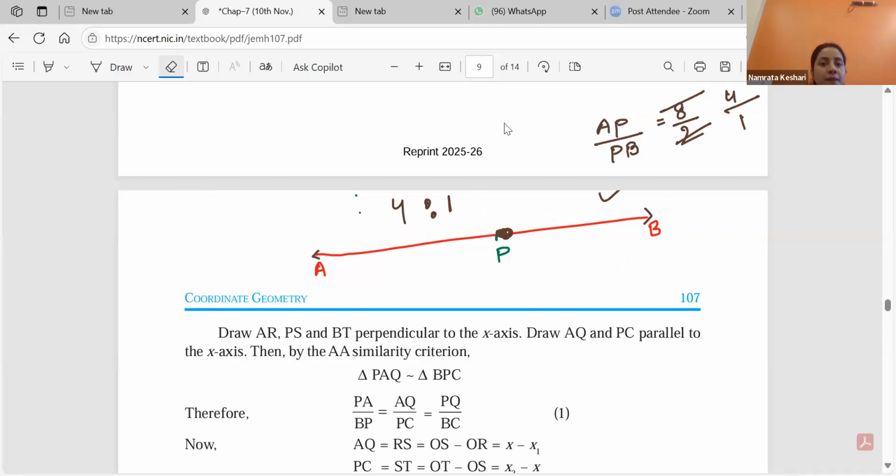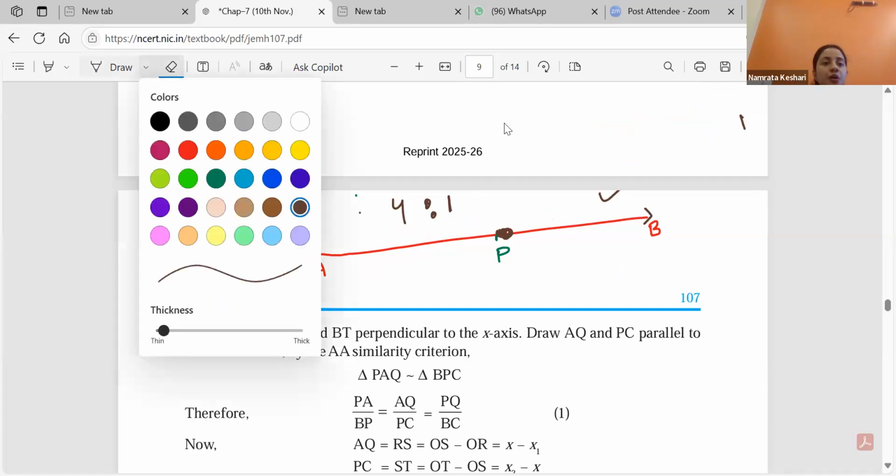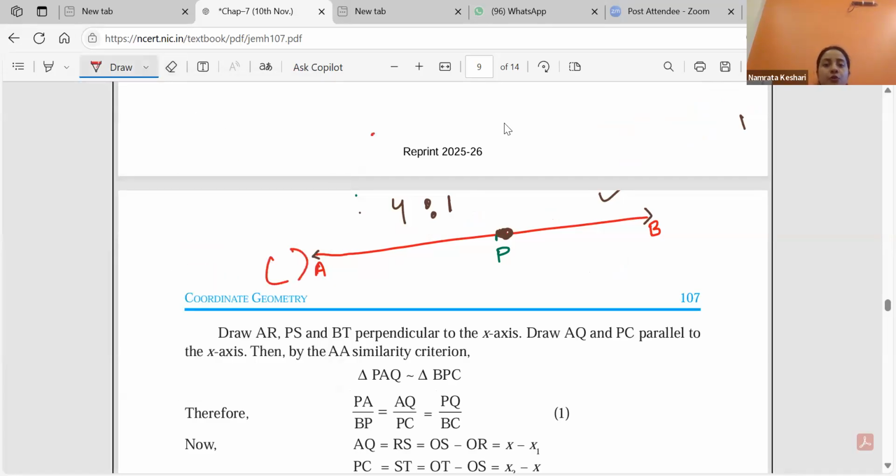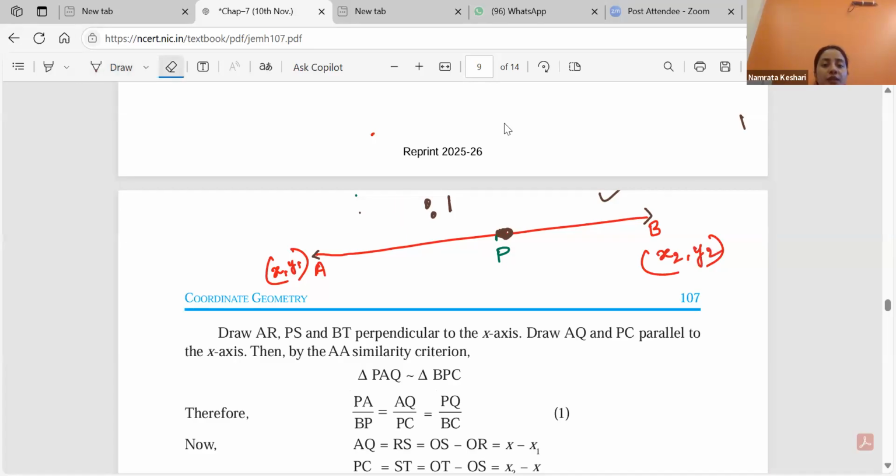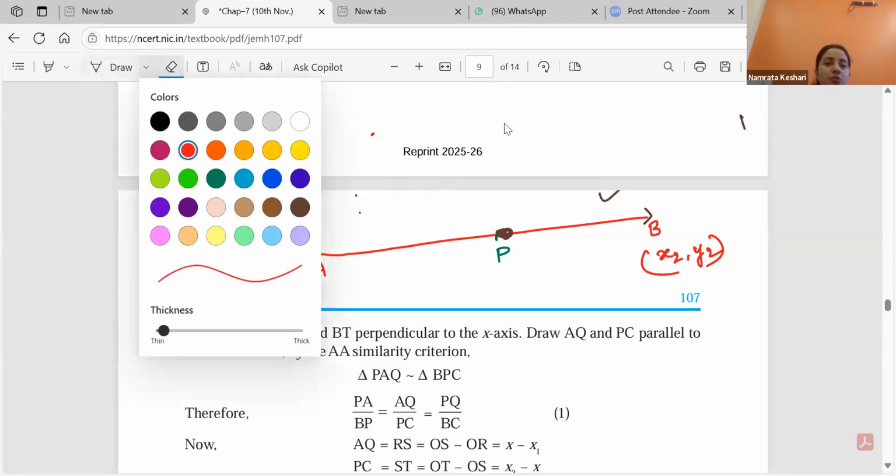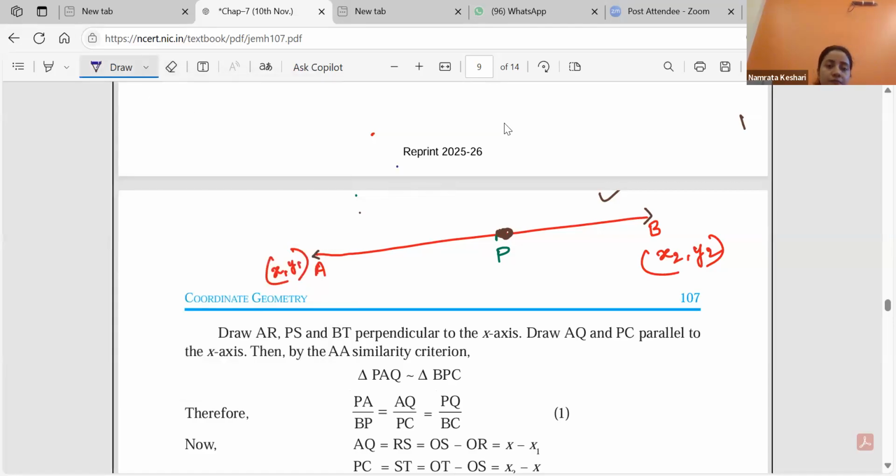The coordinate of A will be given, maybe as x1 y1, the coordinate of B will be given as x2 y2, and the ratio 4:1 will be given as m1:m2. Then find the coordinate of P.